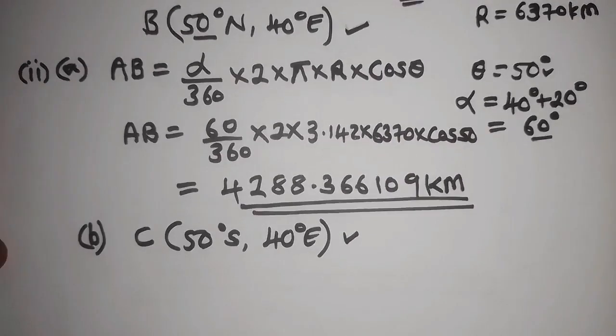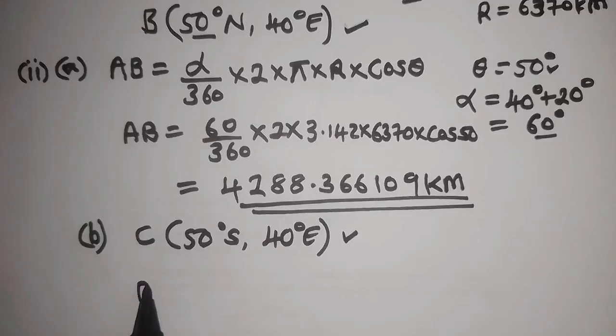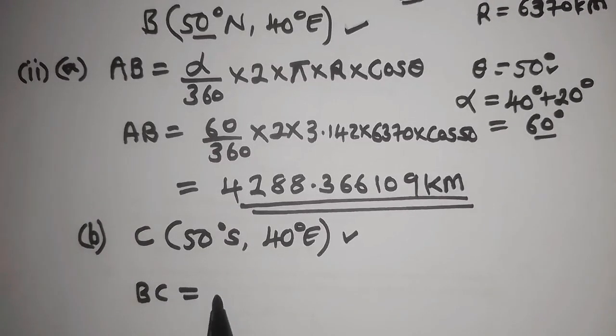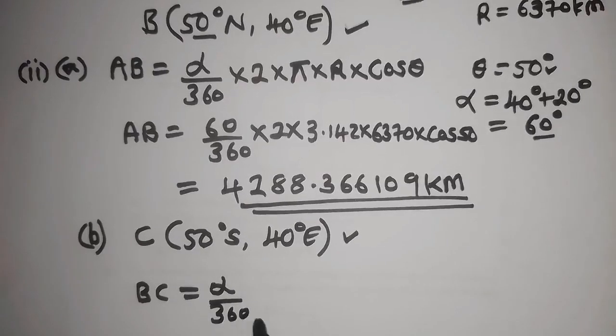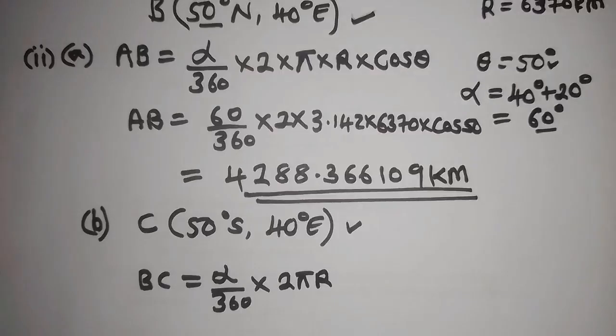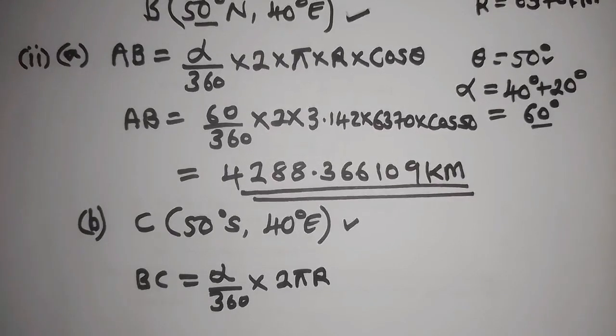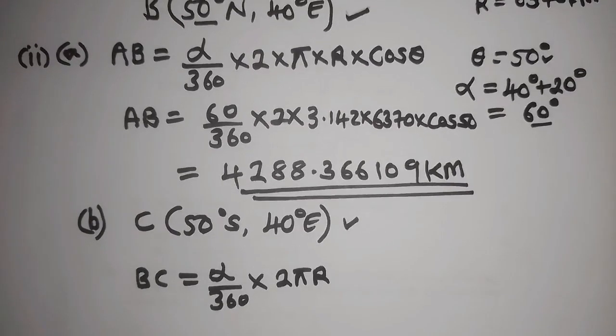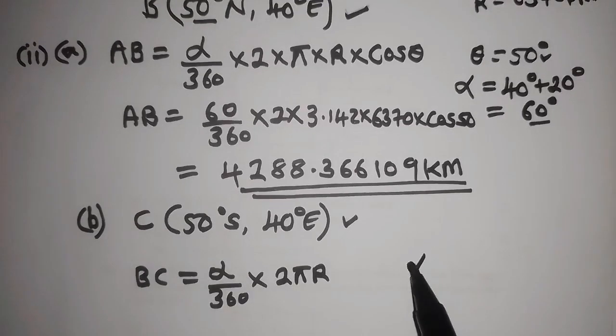So the formula we're going to use is the distance along the same longitude. So this is going to be alpha over 360 times 2 pi r. Okay, so the distance along the same longitude doesn't involve the cosine. So from there, what is your alpha?